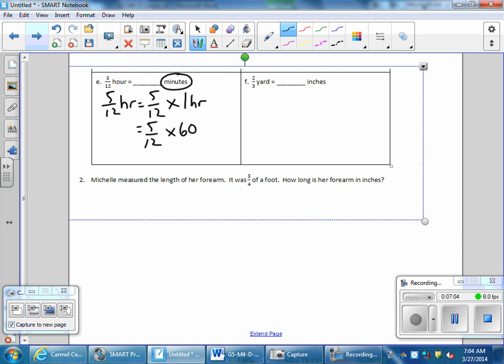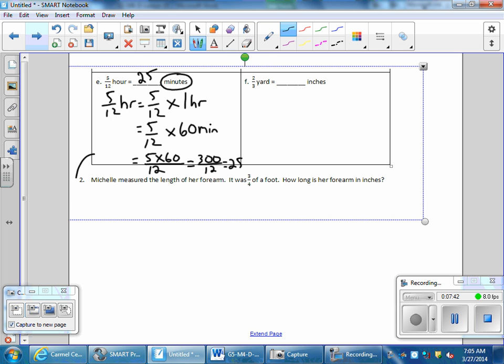There are 60 minutes in 1 hour. 5 numerator times 60 whole number divided by the denominator of 12 is equal to 300 divided by 12. Many of us are going to set up a standard algorithm for this. Is 25 minutes.